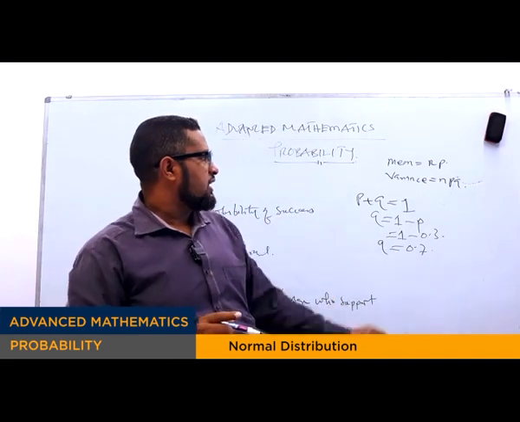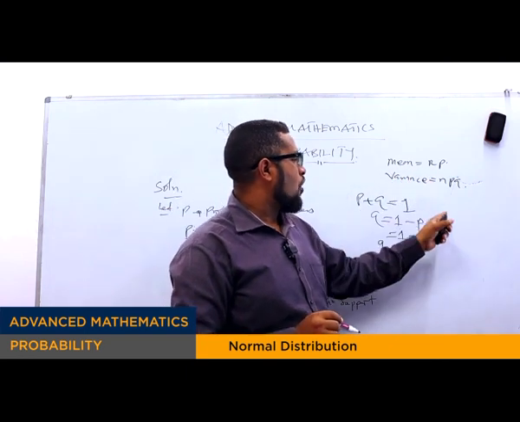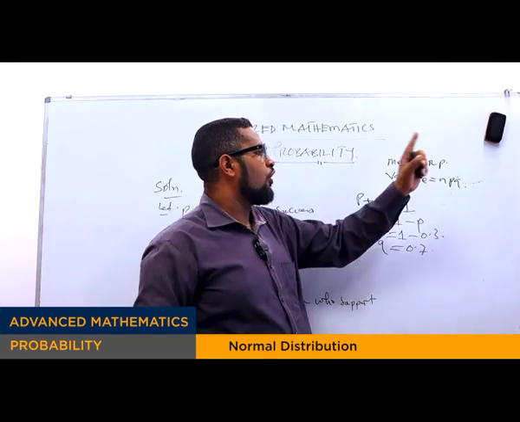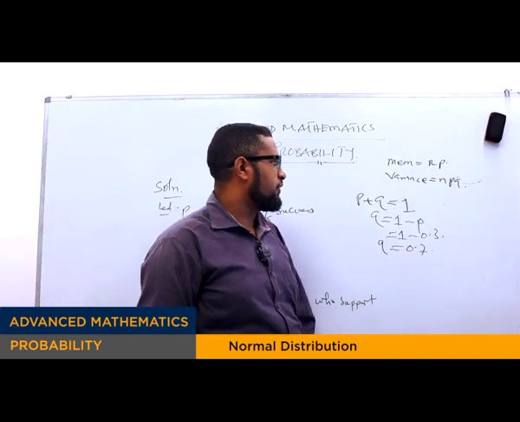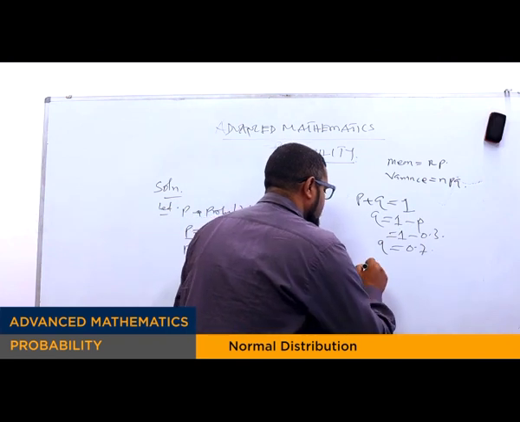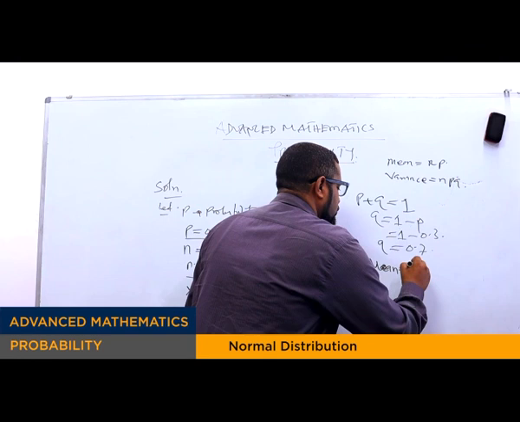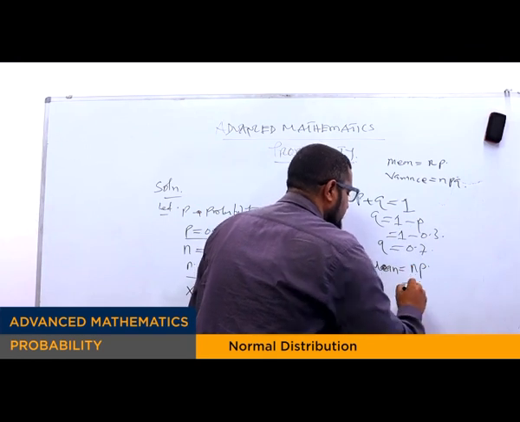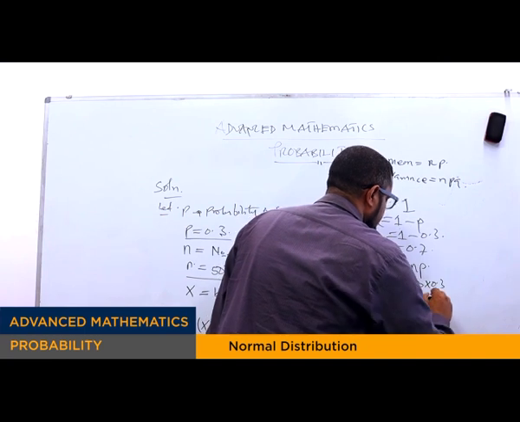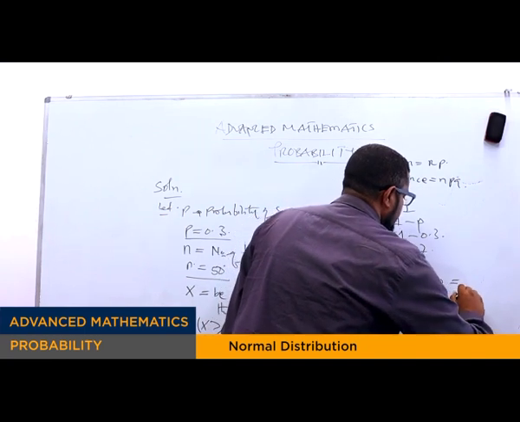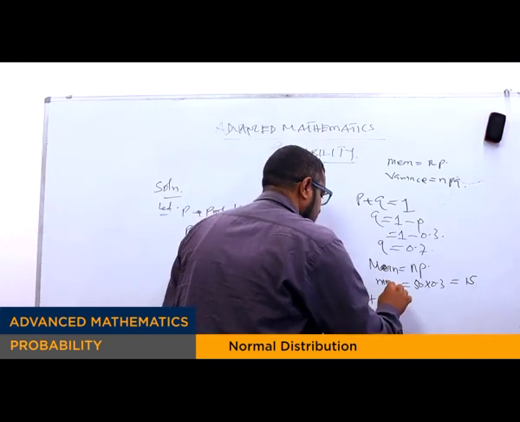Now let's check. What is the mean of this question, having N of 50 and P of success as 0.3? Now find the mean. So mean is equal to NP. When you find the mean, it is 50 times 0.3, which is equal to 15. That is the mean.